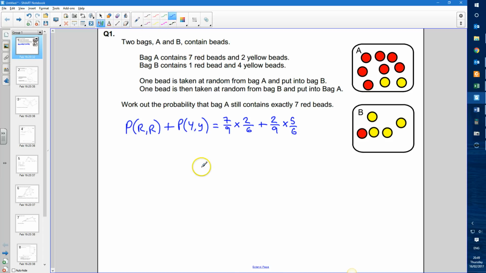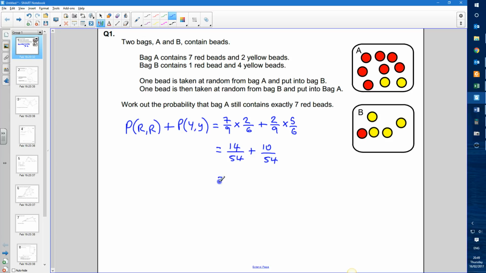That's going to be equal to 14/54 plus 10/54, since 9 times 6 is 54.